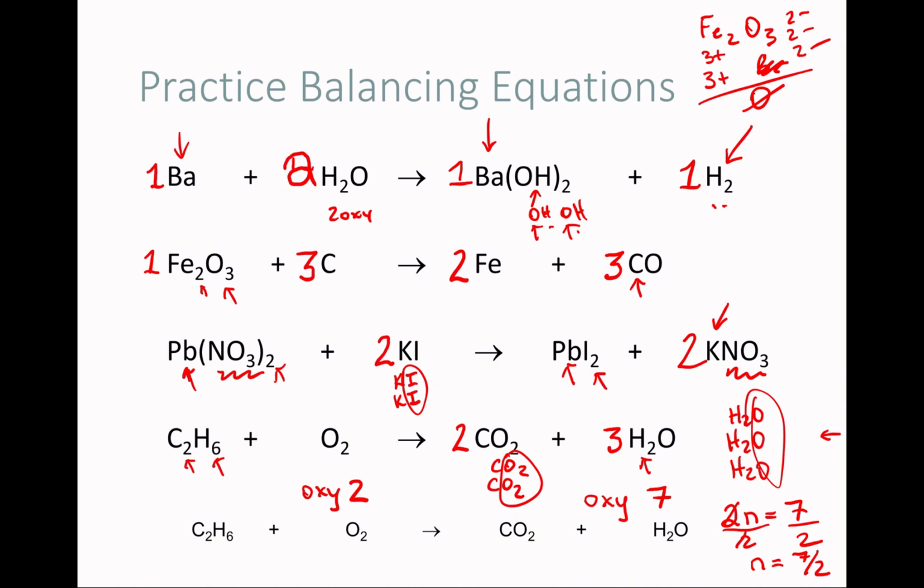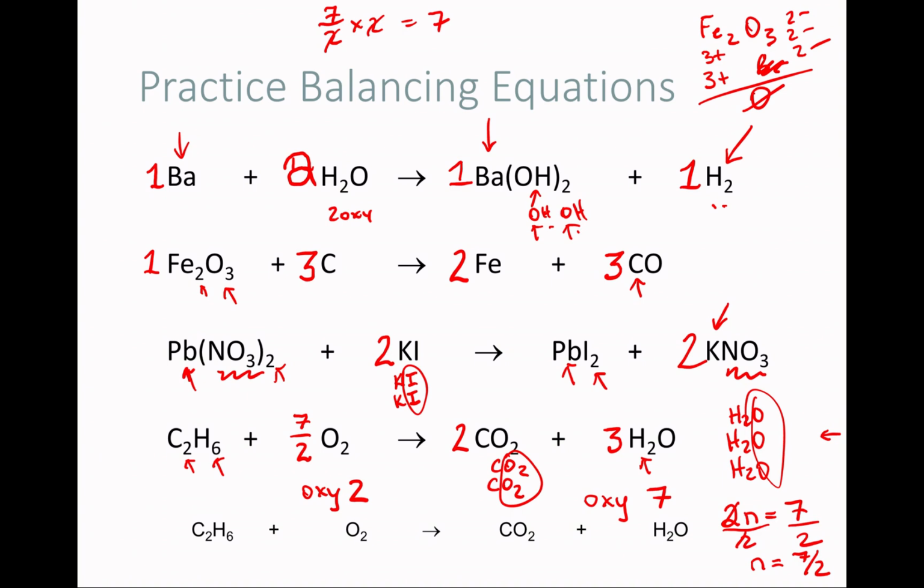Okay, that works. Now this is called fractional balancing, but you can't leave it that way. So if we take 7 halves of an oxygen, and just up at the top here, 7 halves times 2 equals 7. Remember how these cancel out? So this all is going to be well.